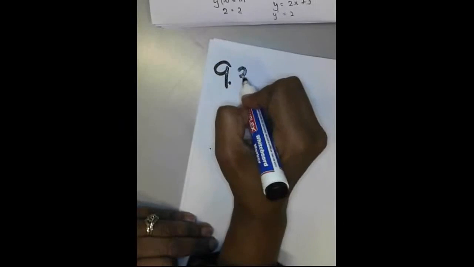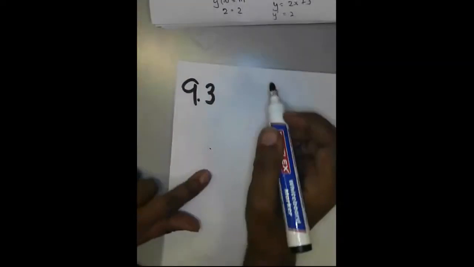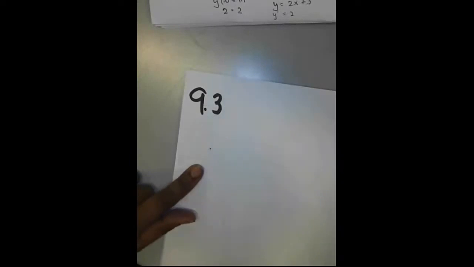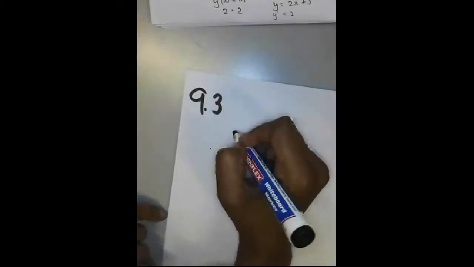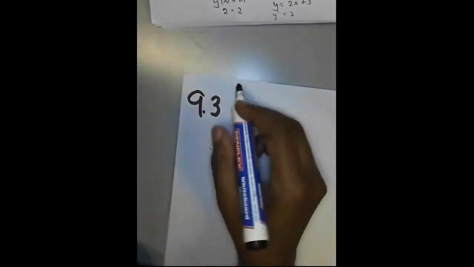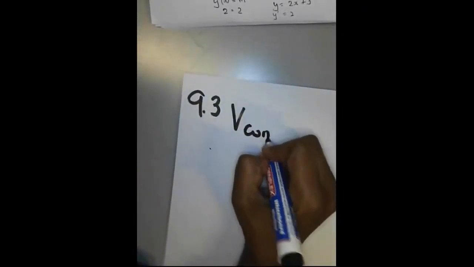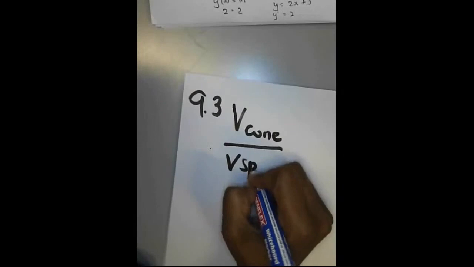9.3. They ask you for a ratio, okay? So we got the ratio between the largest volume. I took the volume of this cone and I divided by the volume of the sphere.